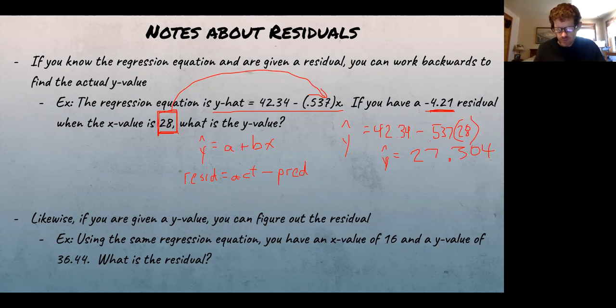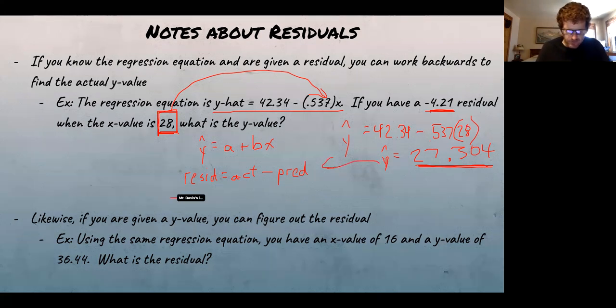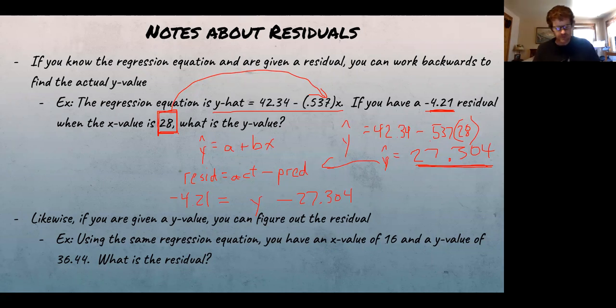Here's the predicted y value, y hat. So we need to understand that notation. So now let me plug this into the residual equation. I know the residual is negative 4.21. I know the predicted value is 27.304. So now I just want to figure out what is the actual y value. Well, you guys can do that. So as soon as you guys have worked through that algebra, someone can plug in the number.